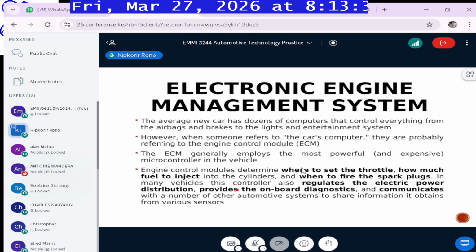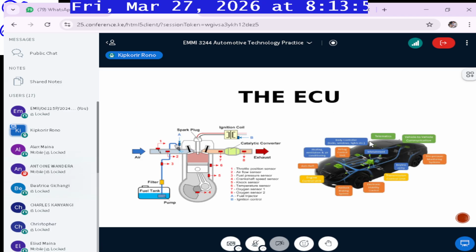Now that button presses against an actuator. That actuator sends a message through a sensor. There are quite a number of sensors. One of them, if you see here, kwa hii image, kuna throttle position sensor.